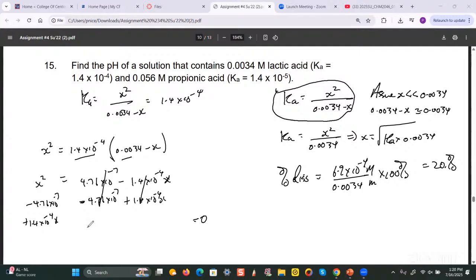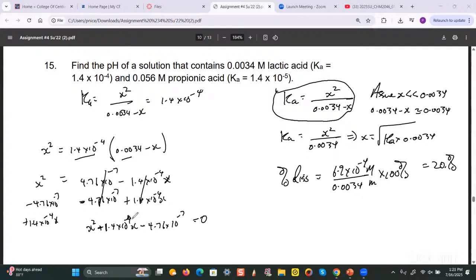And here you're going to end up with X squared plus 1.4 times 10 to the minus 4 X minus 4.76 times 10 to the minus 7.